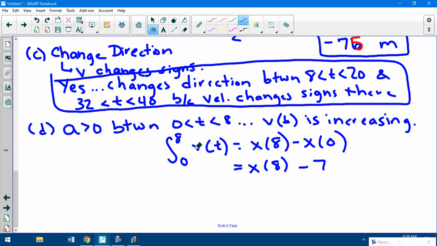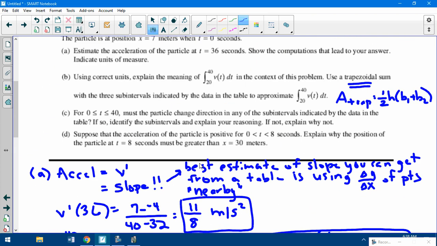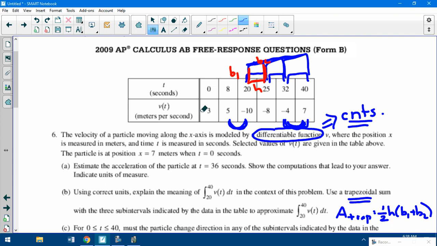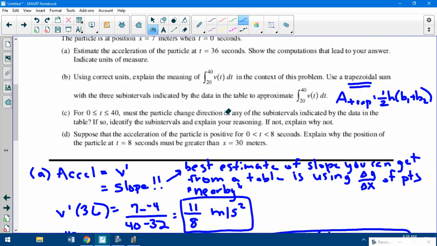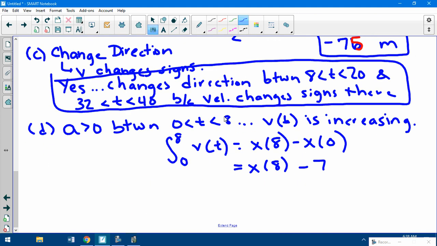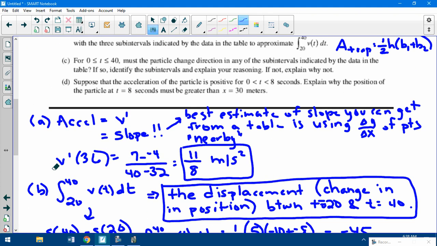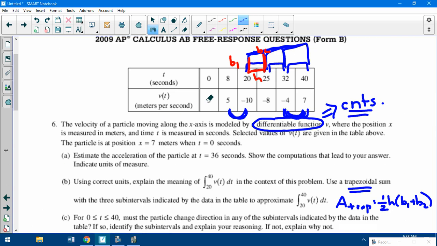Well, we could kind of do a Riemann sum, maybe, but all I really have is one block here. But look at what that means. So I know from 0 to 8, what's the velocity equation look like? Well, I know at 0 I'm at 3, because it tells me.